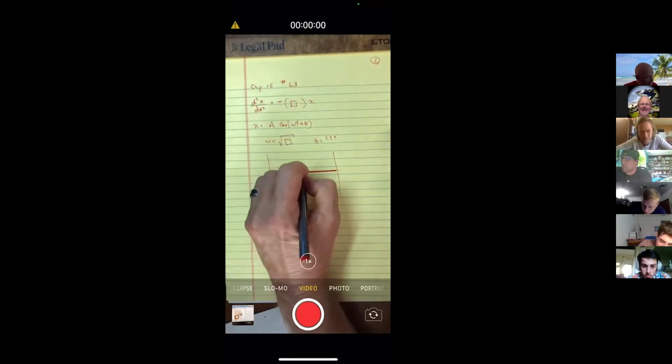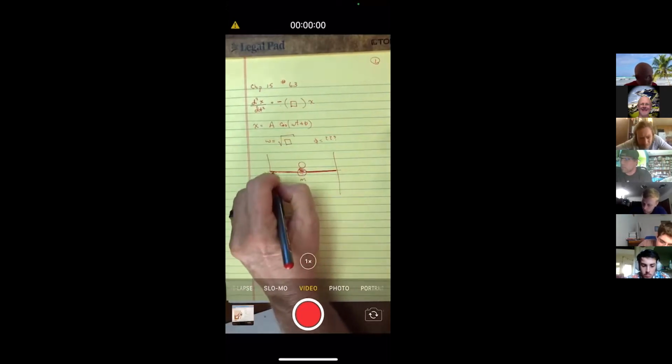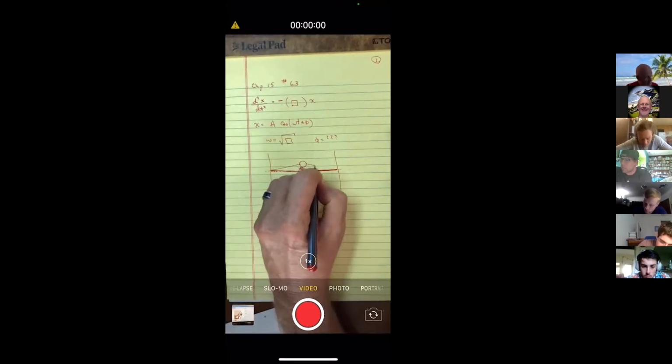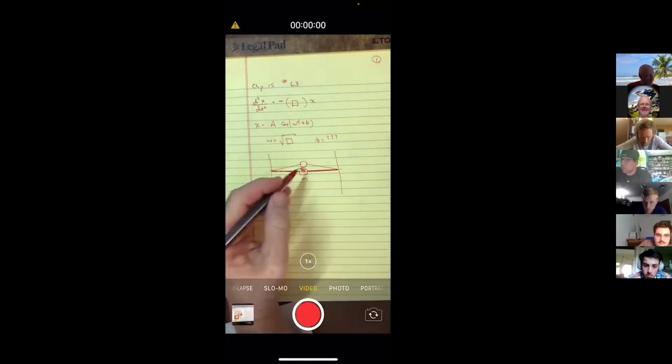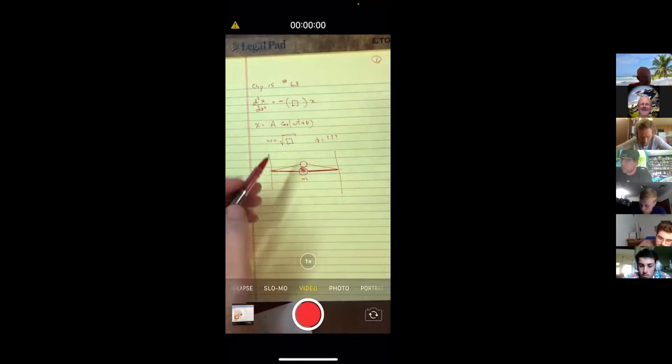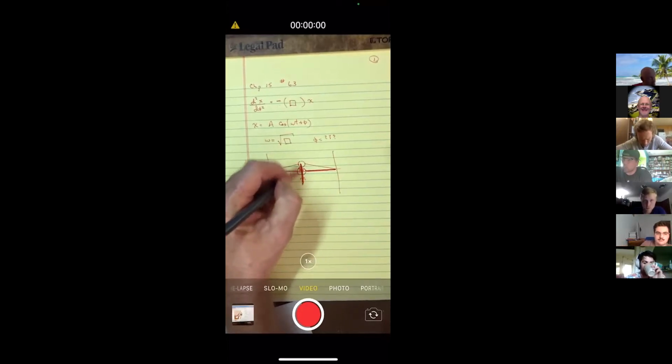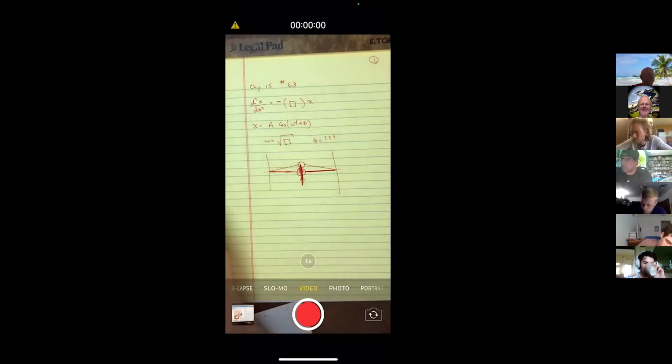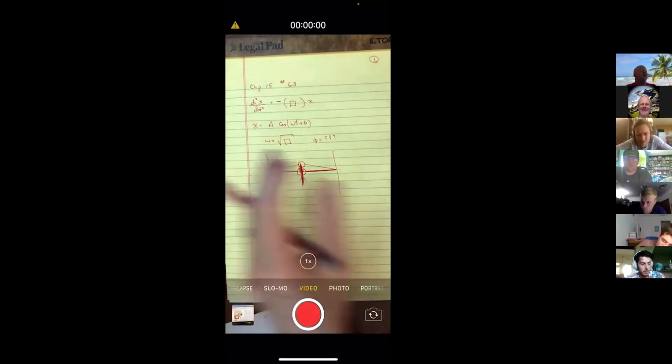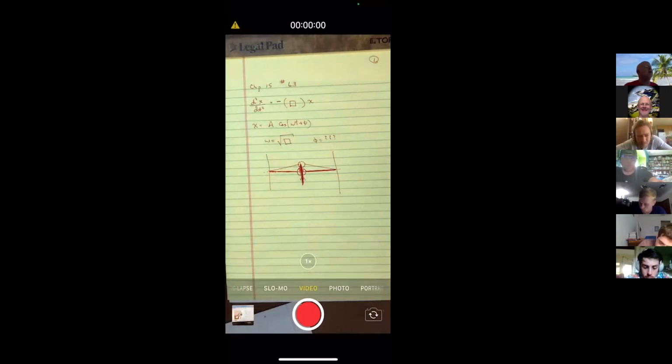But then we lift the object off center and let it go. If you've ever seen something like this, you can imagine it just rattles back and forth, up and down. And so this one says a ball of mass M is connected to 2 rubber bands.